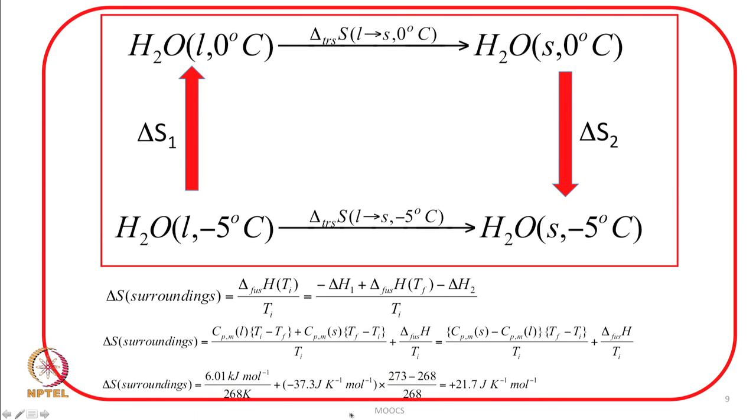The answer turns out to be plus 21.7 joules per Kelvin per mole. Remember that we are talking about the freezing process. Freezing is exothermic, and this heat liberated goes out to the surroundings and increases the entropy of the surroundings.